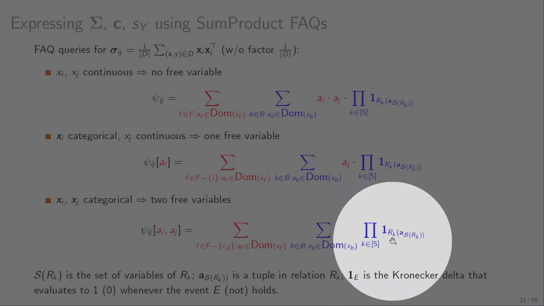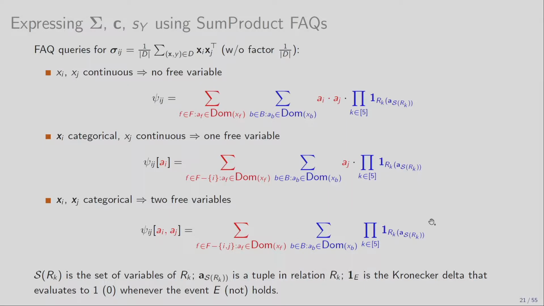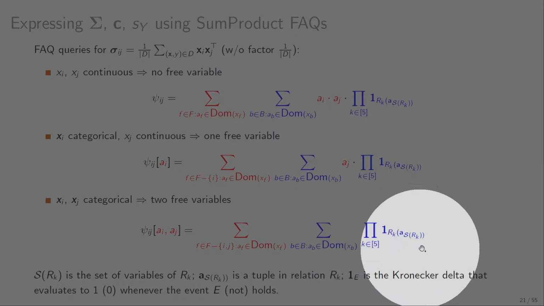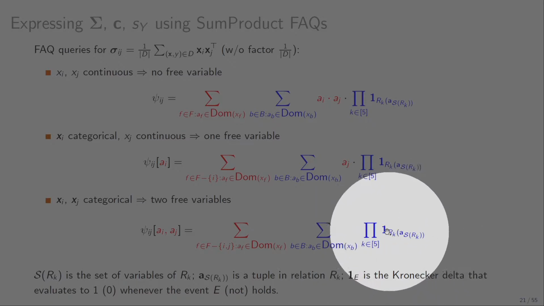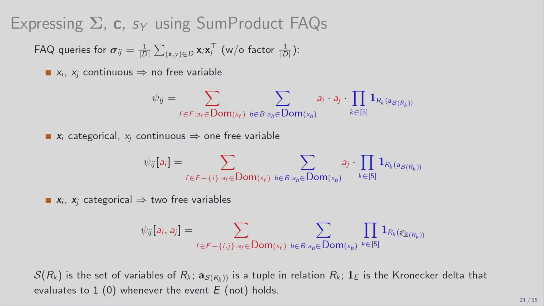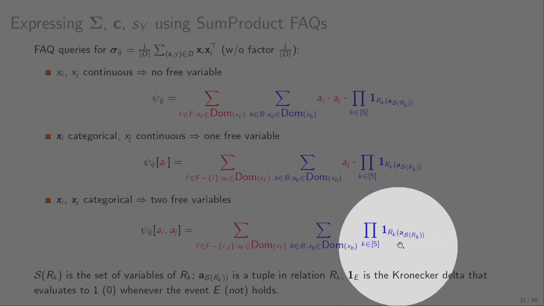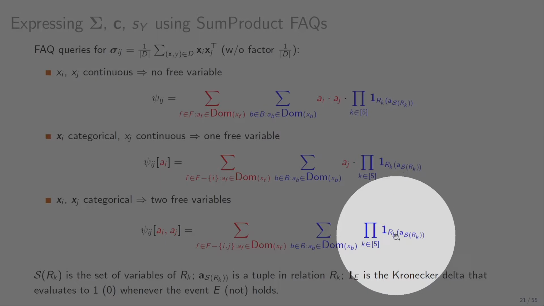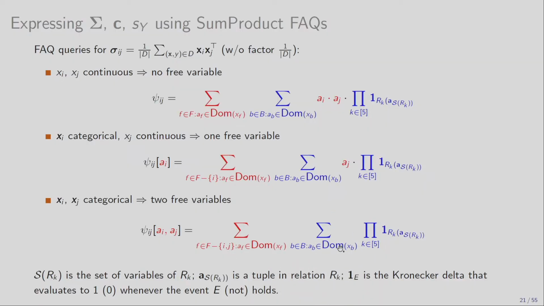And this indicator is only a technicality, but I will explain nevertheless. This is a Kronecker delta. It says that this function evaluates to 1 whenever I indeed have that particular tuple in the relation. Otherwise, it evaluates to 0. So here I look at all possible valid assignments of the variables to values in the domain so that the join is satisfied, and for that case, I count.